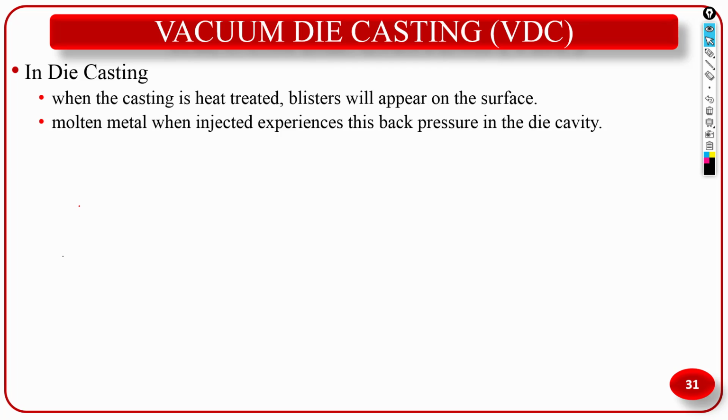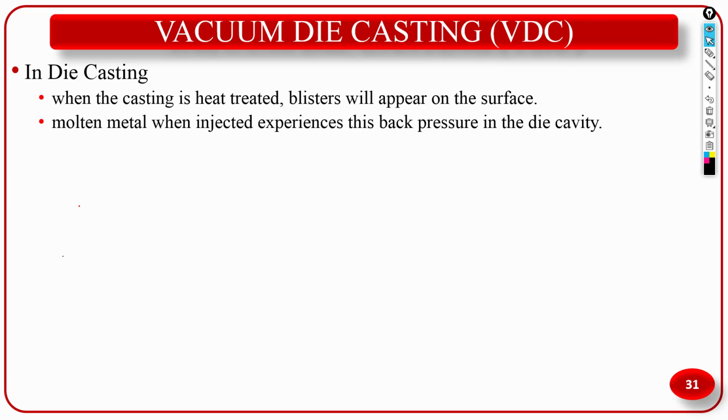In die casting, when the casting is heat treated, blisters will appear on the surface, and because of the air inside, there is a back pressure applied on the molten metal, which hinders the passage of molten metal inside the cavity.